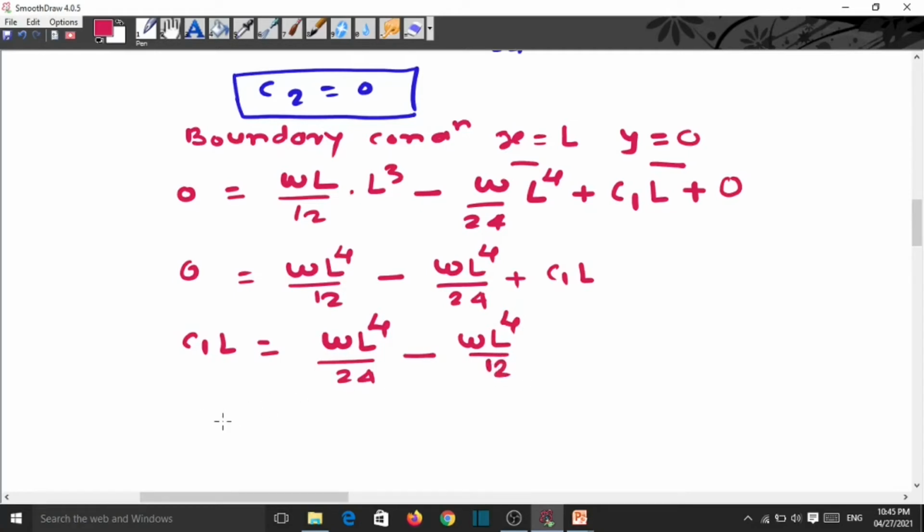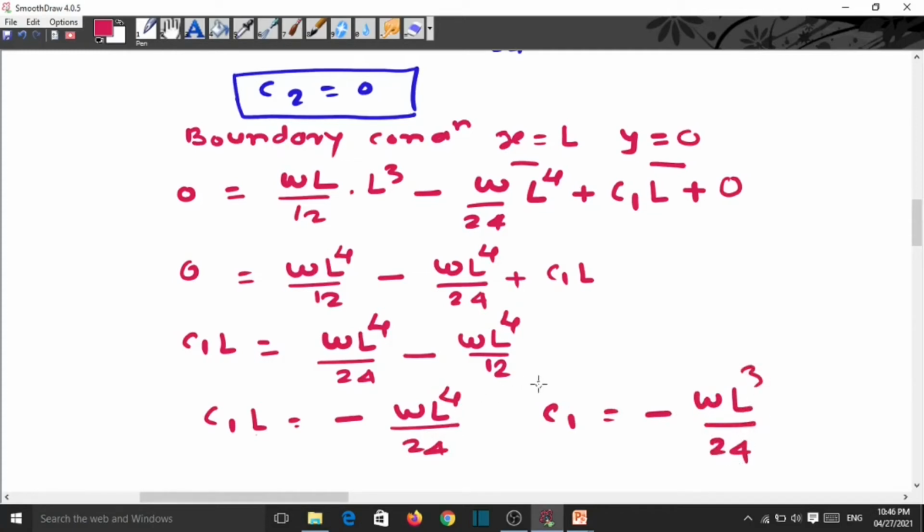So here C1L is equal to minus WL raised to power 4 by 24. So divide by L, this C1 becomes minus WL cube by 24. So in this way we got the value of C1 also. C2 is equal to 0 and C1 is equal to minus WL cube by 24.